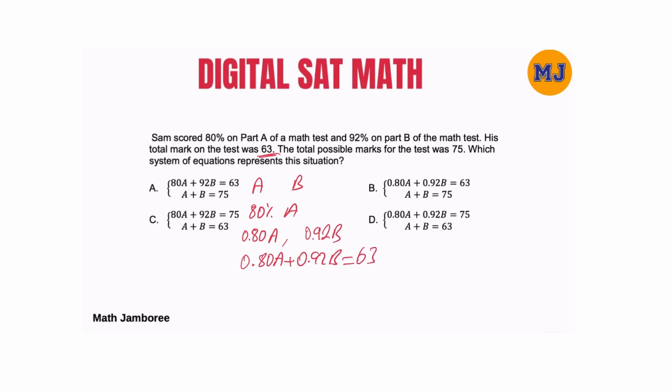And the next one is A plus B, which will be the total number of marks, given as 75. If you just pay attention to these equations, the right choice will be choice B for this specific question. I hope this helps you to tackle similar problems on your SATs.